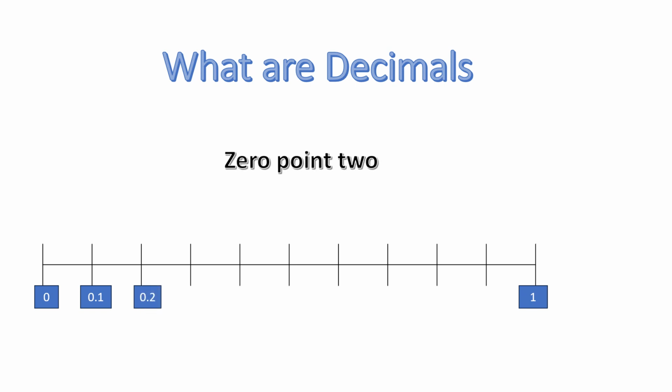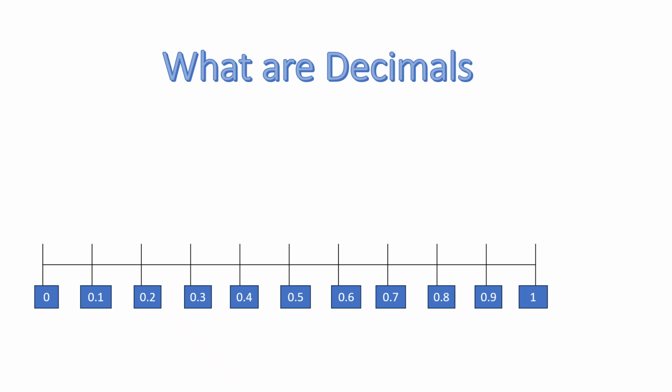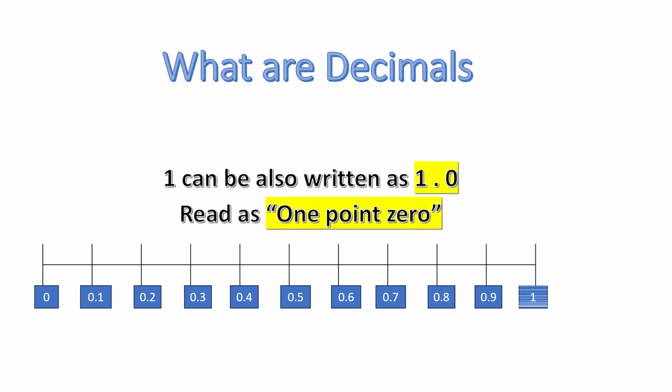Next one will be called 0.2, then 0.3, 0.4, 0.5, 0.6, 0.7, 0.8, 0.9, and then we have 1. That is the next number on the number line. But 1 can also be written as 1.0. They are the same thing. 1 and 1.0 are the same thing.